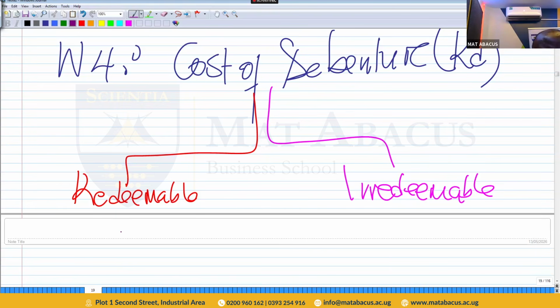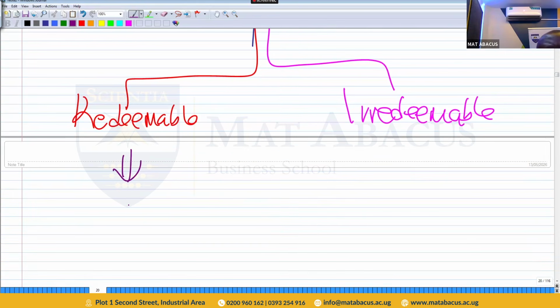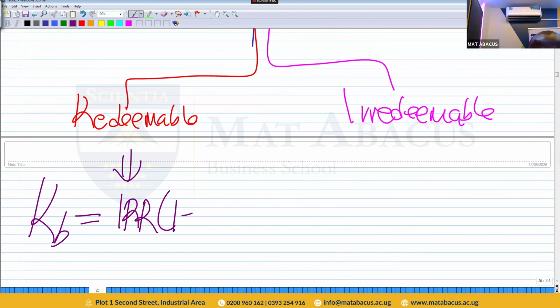Once you discover the bond or debenture is redeemable, the cost of the bond, let me use B, debenture, could use D, is always IRR adjusted for tax.